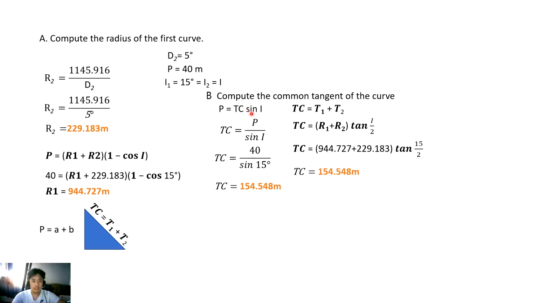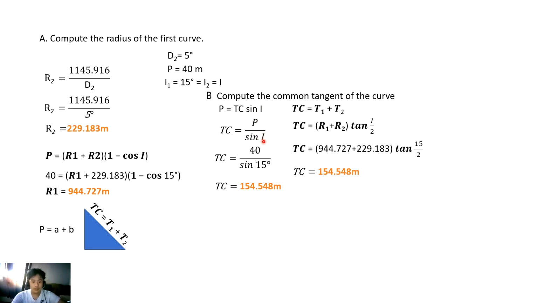P equals TC sin I. So, para makuha natin yung TC, i-derive natin tong formula. So, TC equals to P over sine angle of intersection, which is yung I.